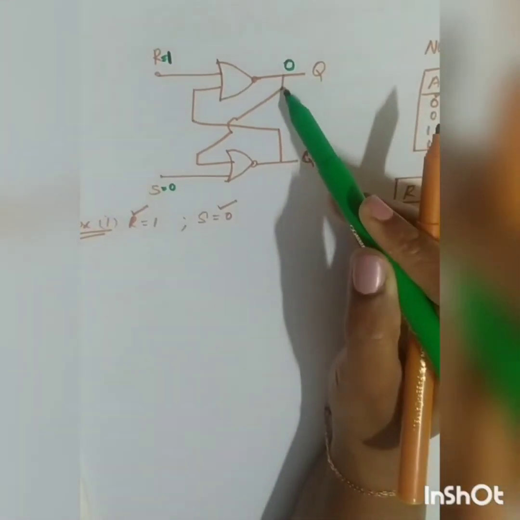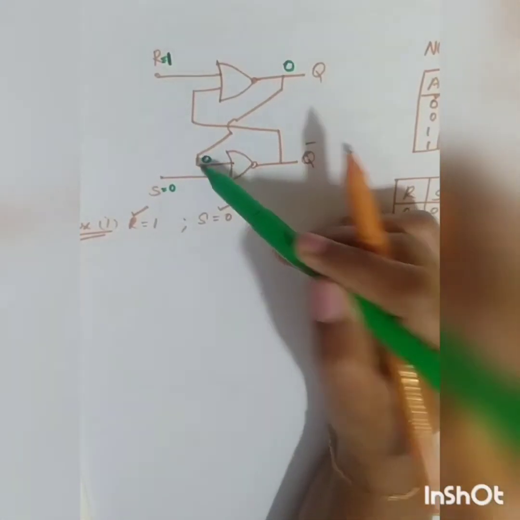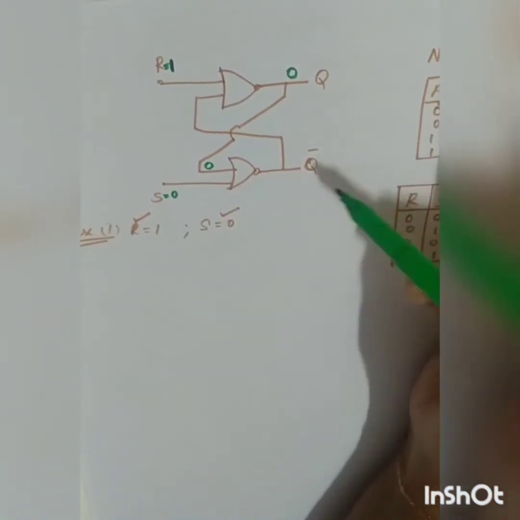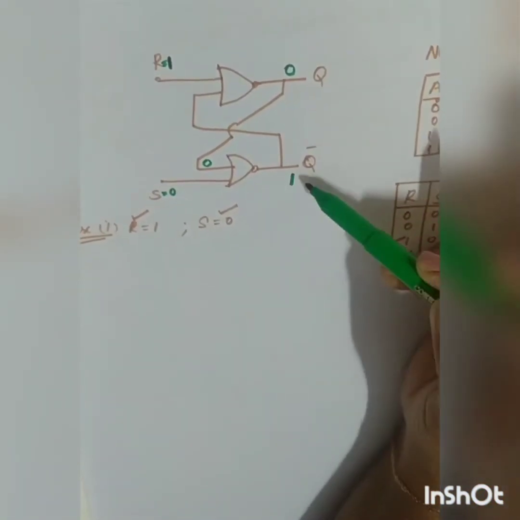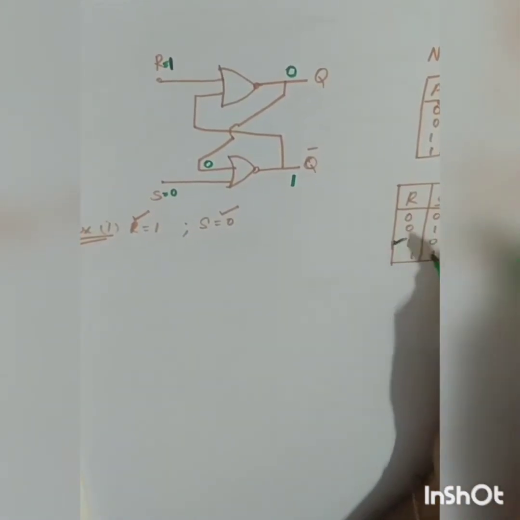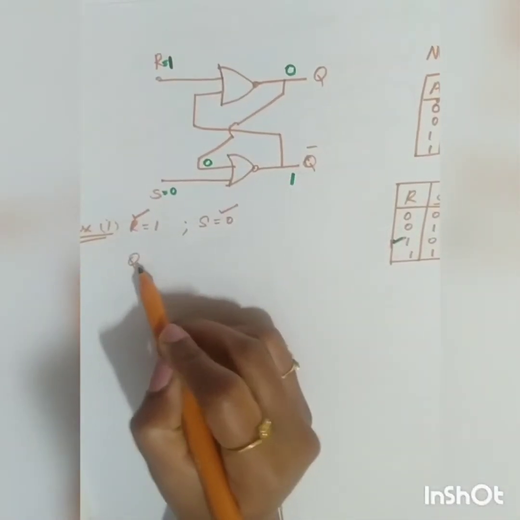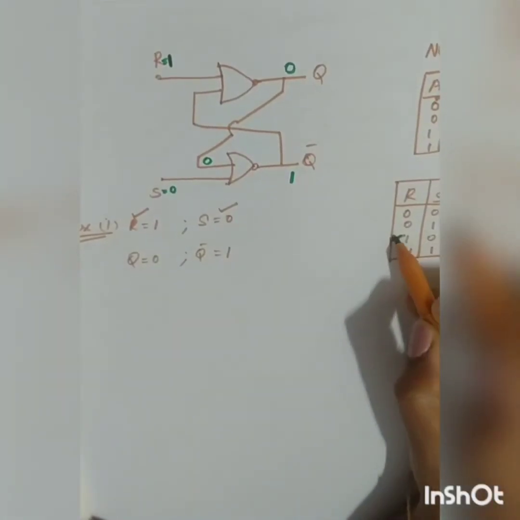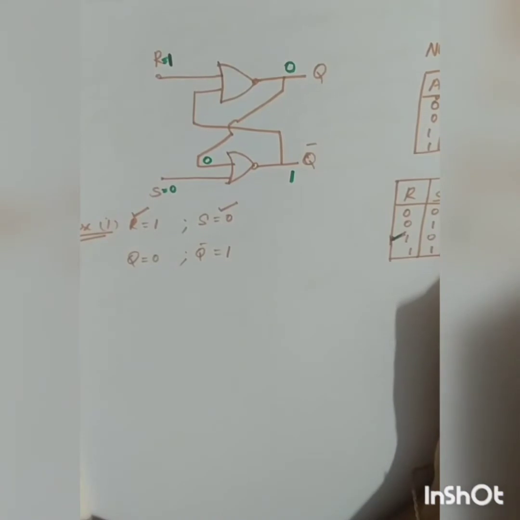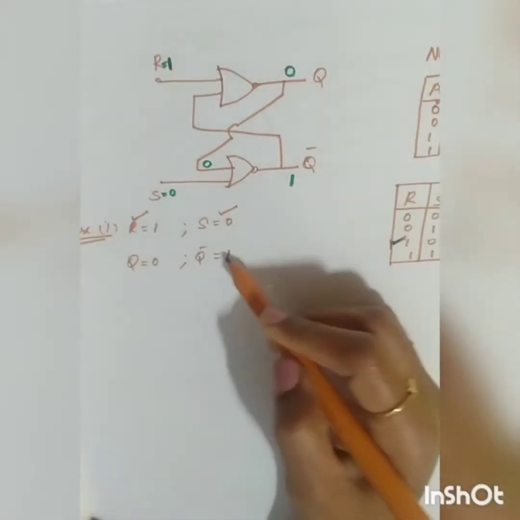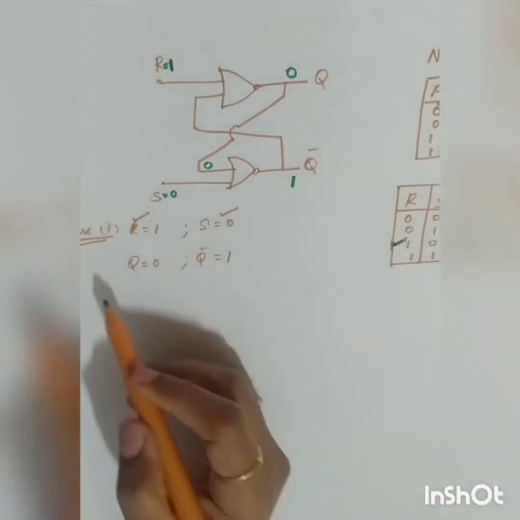Now this Q is fed back to your S input. When you have both the inputs as 0, the output is high. So Q bar will be equal to 1 and Q will be equal to 0. So when the system is reset, you get Q equal to 0 and Q bar equal to 1. This is your first condition.